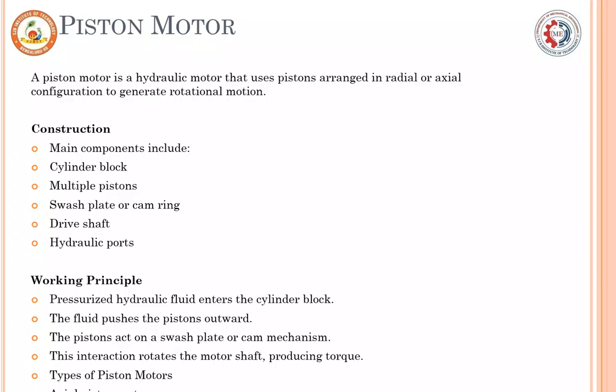The working principle: pressurized hydraulic fluid enters the cylinder block and pushes the pistons outward. The pistons act against the swash plate or cam mechanism, which interacts with the motor shaft to produce torque. There are various types of piston motors available.